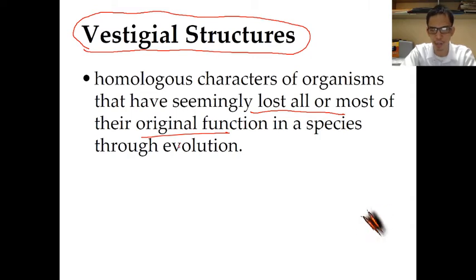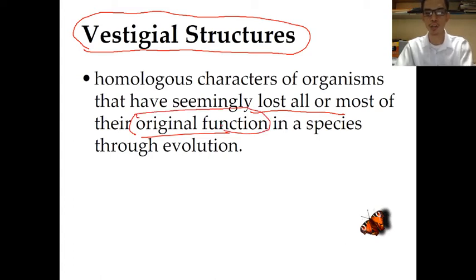But in some organisms, those vestigial organs are still present in the body, but they don't use them for any purpose at all. Meaning to say, these structures have lost their original function.